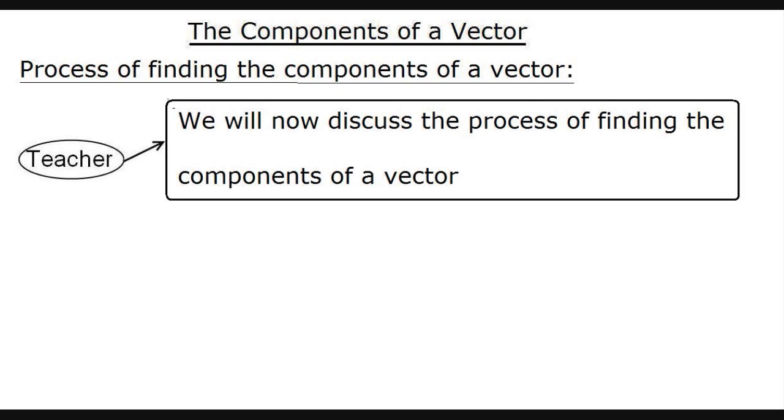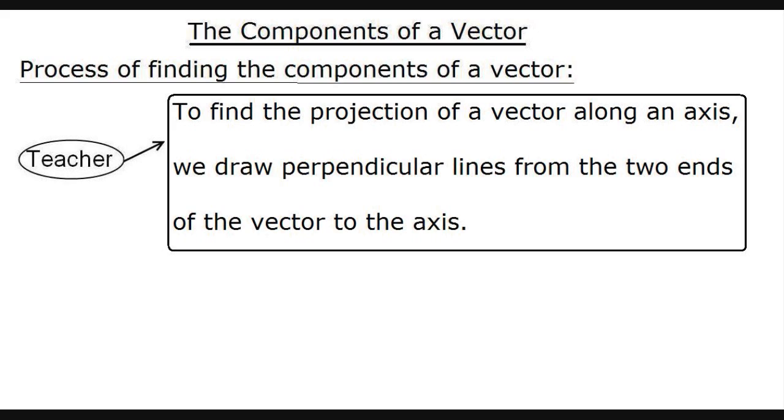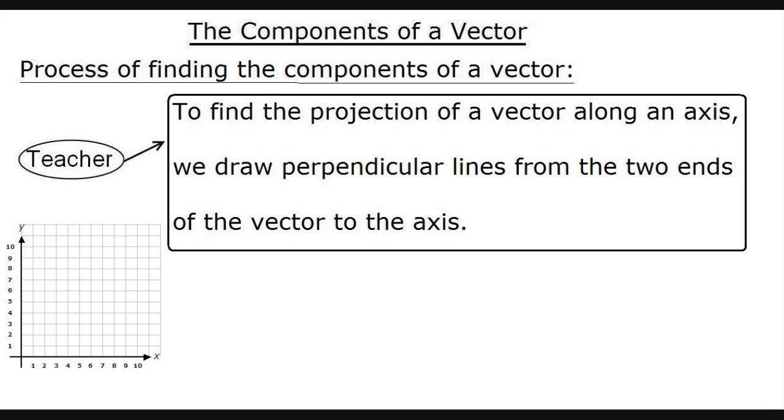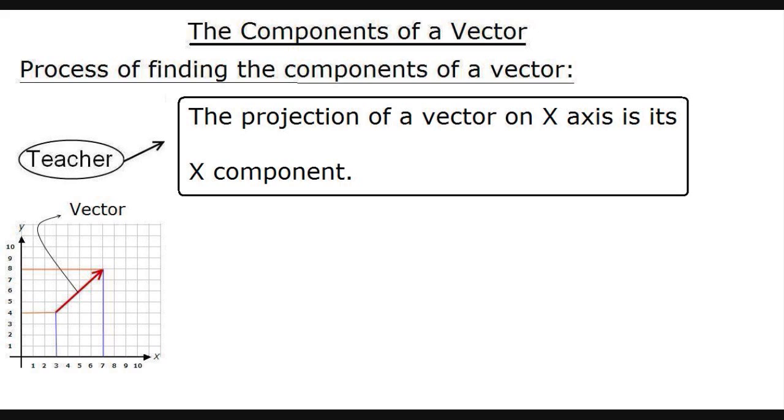We'll now discuss the process of finding the components of a vector. To find the projection of a vector along an axis, we draw perpendicular lines from the two ends of the vector to the axis. The projection of a vector on the x-axis is its x component.